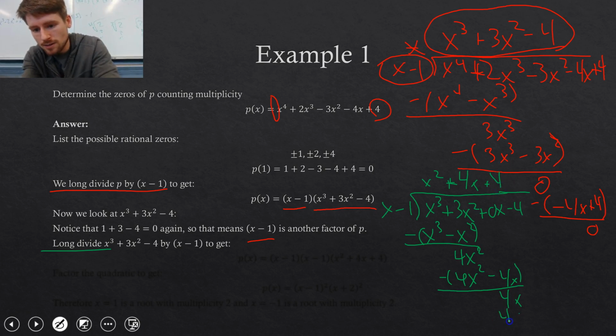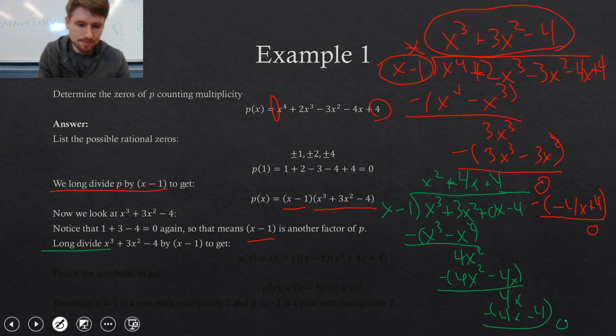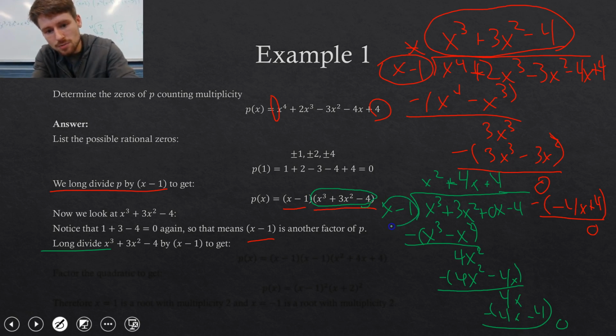We're going to have 4x minus 4, take that away, and we get 0 remainder. And so that tells us that this cubic is in fact equal to x minus 1 times x squared plus 4x plus 4.